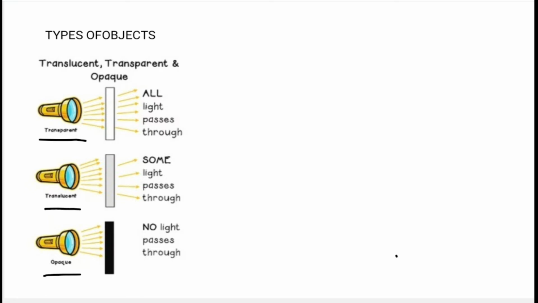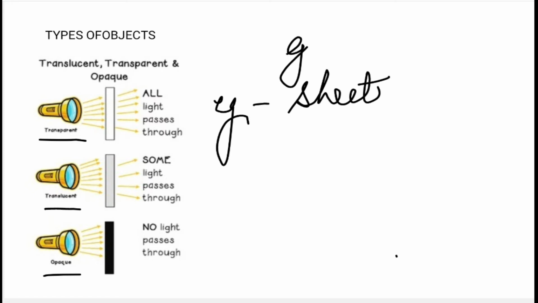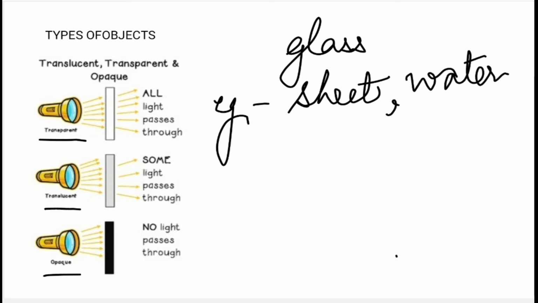What is transparent? As the name indicates, all light can pass through such objects. For example, we have materials like a glass sheet. We know that light can pass through it, and some other objects such as water are transparent.